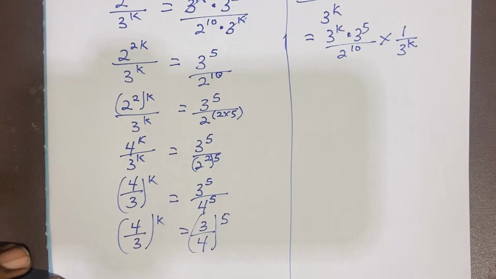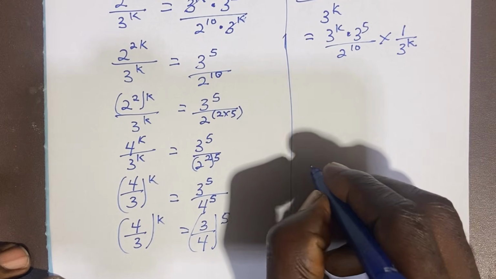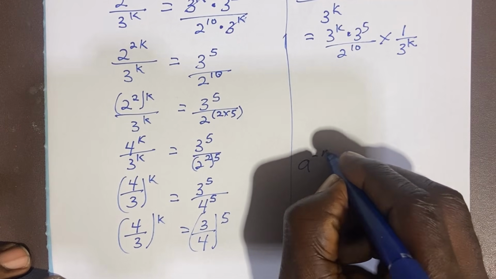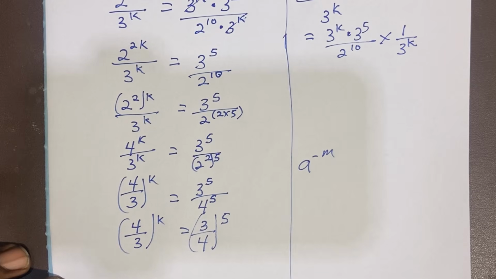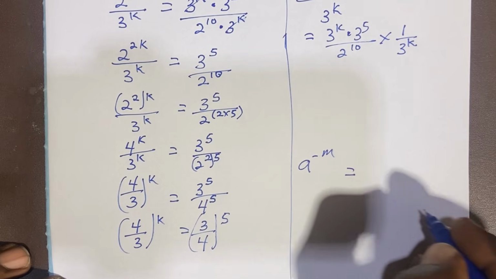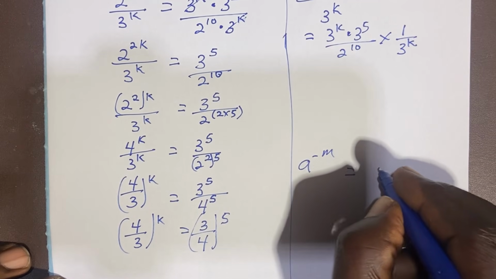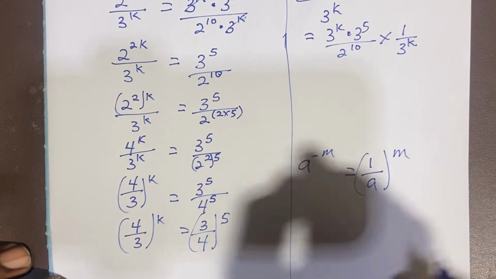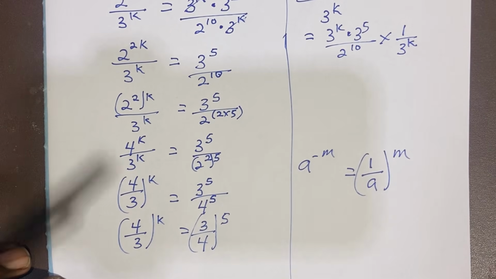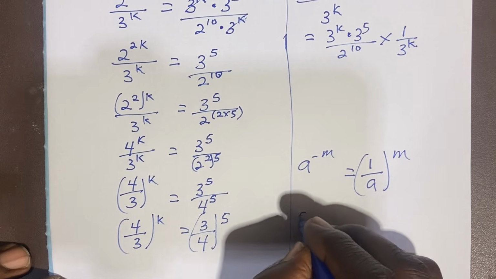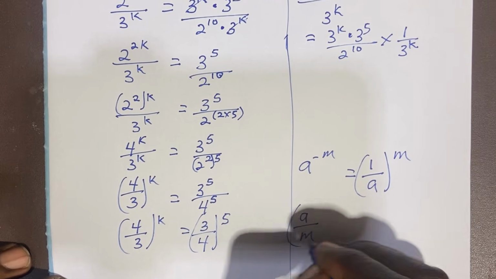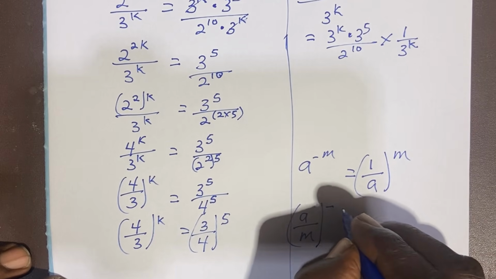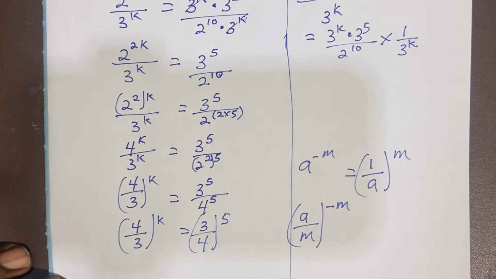One of the basic laws of indices says that if I have a number to the negative index, this is the same as taking the reciprocal of this, which now becomes 1 over a to the power positive index. In short, if I have a over m to the power negative n, what can we do?